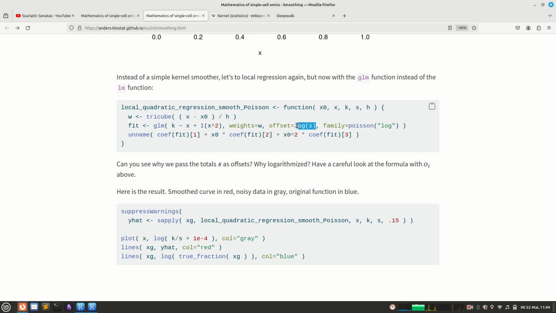In my specific case, my linear predictor, log eta S, is of course some intercept plus something which depends on x and on x squared, and then, because this s should be in here, plus log s. Notice this log s is special because it doesn't have a coefficient in front of it.